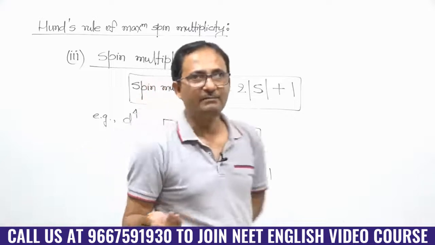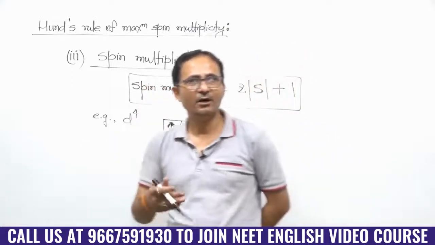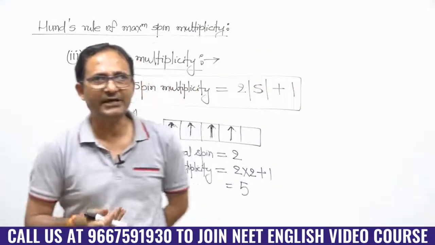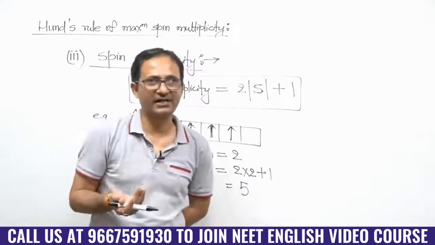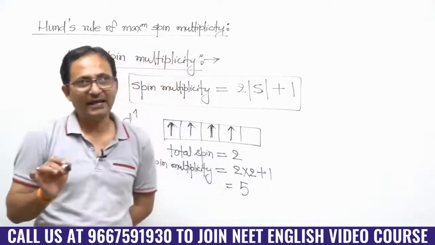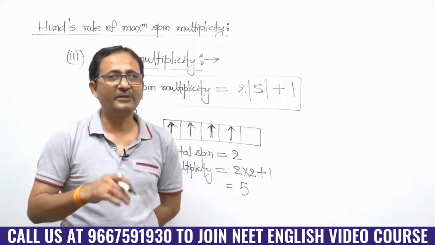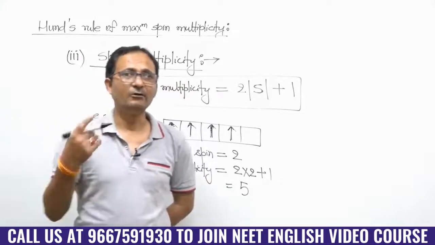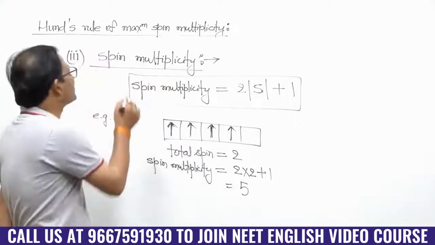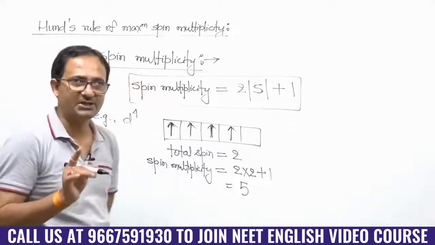Now listen one thing. The more the spin multiplicity, the more will be the stability of the subshell, right? I mean, that subshell will be more stable which has maximum spin multiplicity.